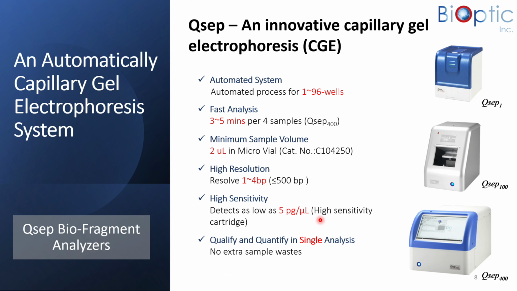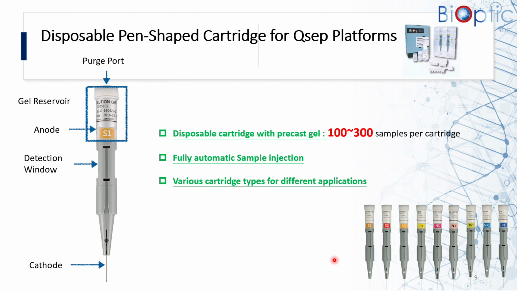The most important thing is that QSAP can qualify and quantify DNA samples in a single analysis without extra sample waste. The disposable pen-shaped cartridge design makes the analysis easy on QSAP biofragment analyzers. The cartridge is composed of the capillary and the precast gel.